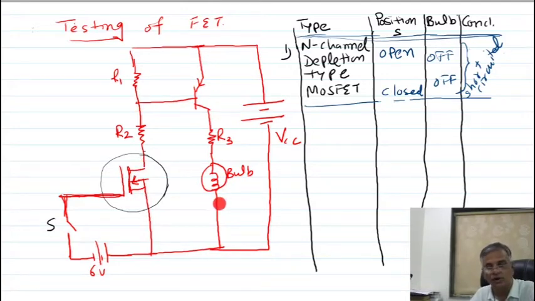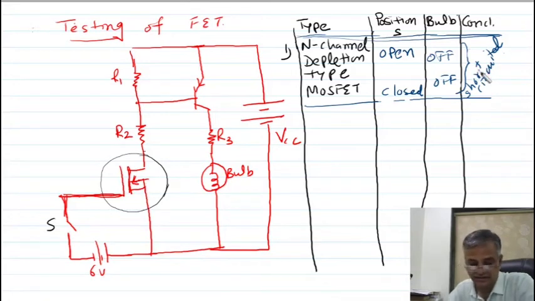This is possible only when current is not flowing and this must be open. So I have to change here, this is nothing but the open. So when open and closed, bulb will be off. You can say MOSFET is not working, it is open circuited.